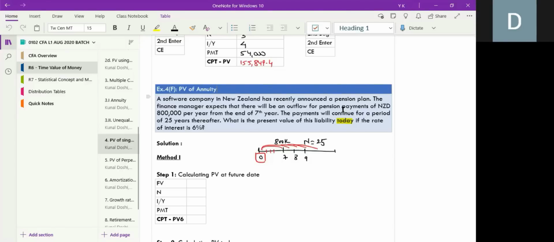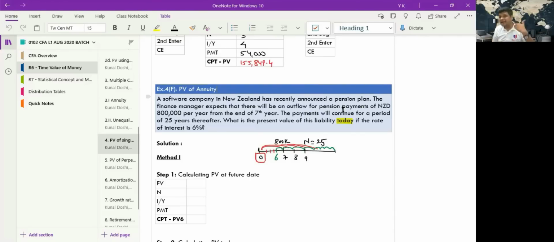Because the payment will start from 7th year. Correct. Because the payment starts from 7th year, and since your calculator is at the end of the period mode by itself, it considers the cash flow after 1 year. So after 1 year, which means after 1 year, that is 7th, 8th, 9, and so on.